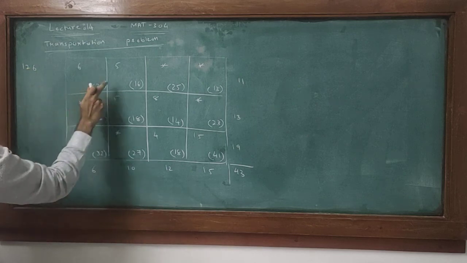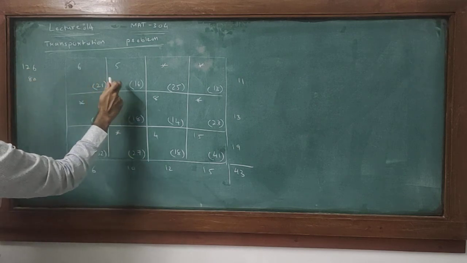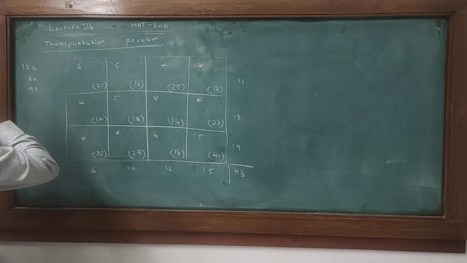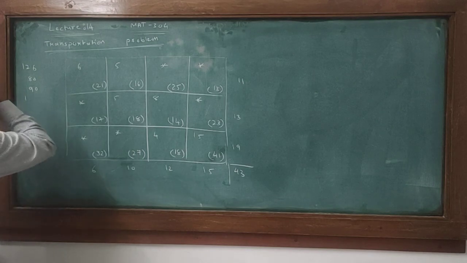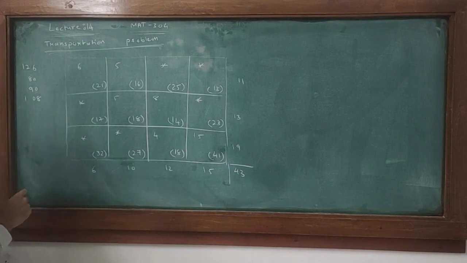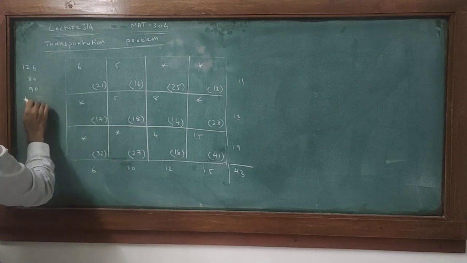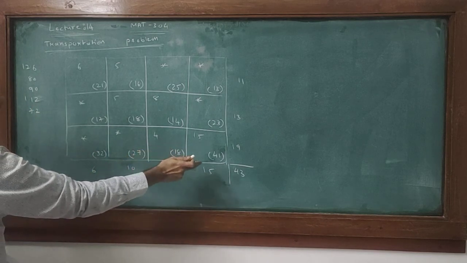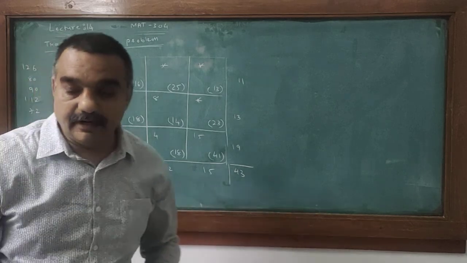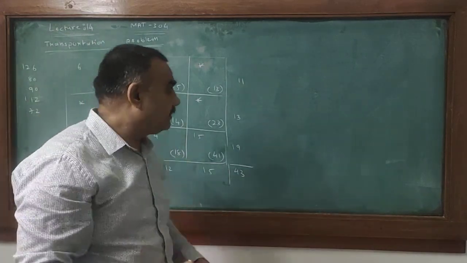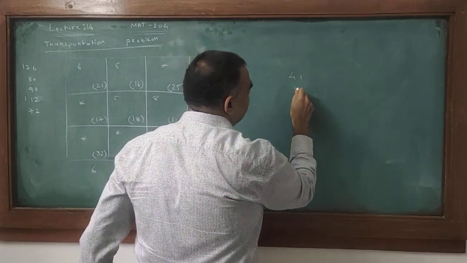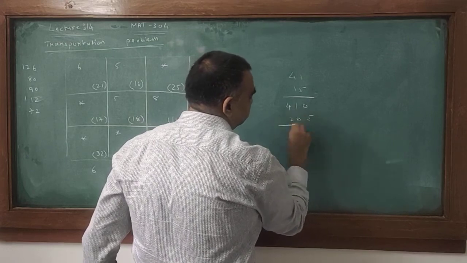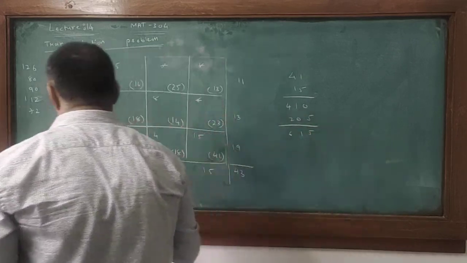Therefore the cost of transportation is 126 plus 80 plus 90 plus 112, then 72, and then 41 into 15, that I have to calculate, and that will be 615.